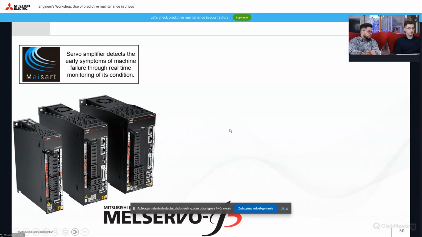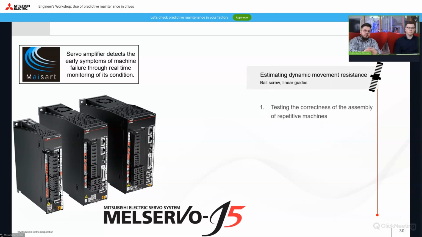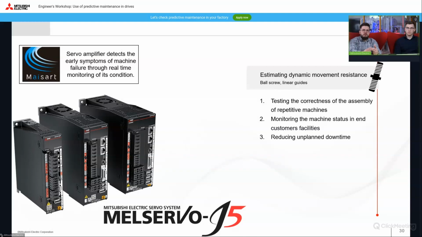Okay, so let's summarize it. First application, the application of dynamic resistance estimation can in fact be used in testing the assembly of consecutive machines when we have a repetitive production of these machines, and inspection of the machine at the end customer side, in the sense that we will know the changes resulting from lack of maintenance, and reduction of unplanned downtime.